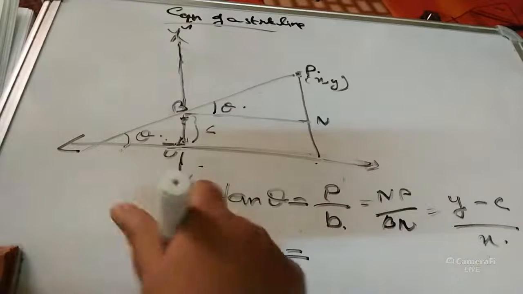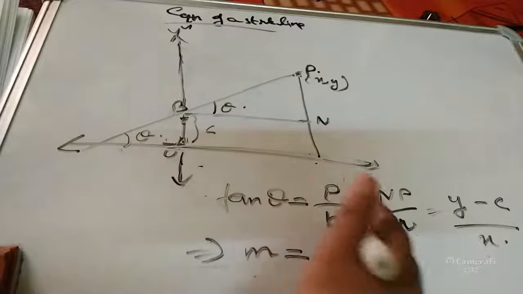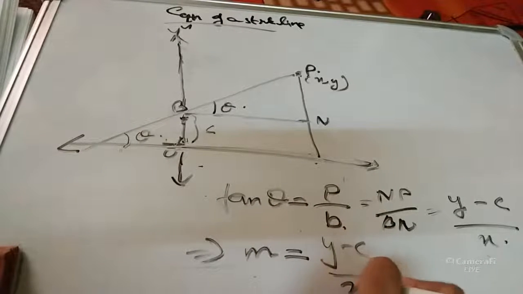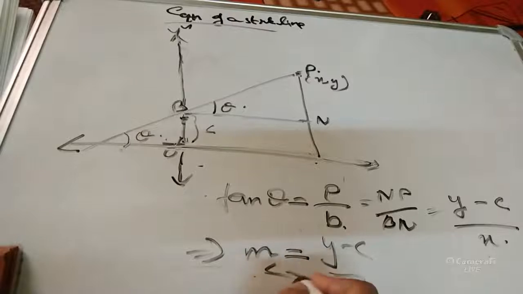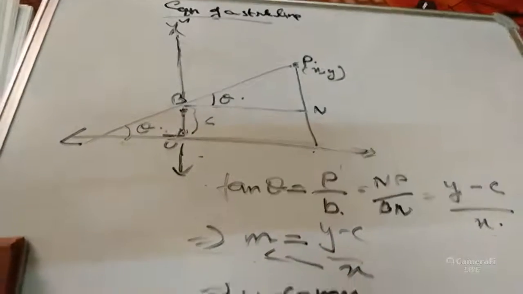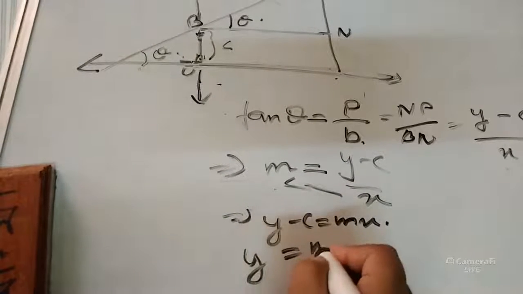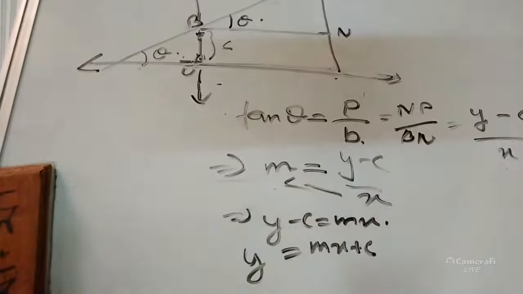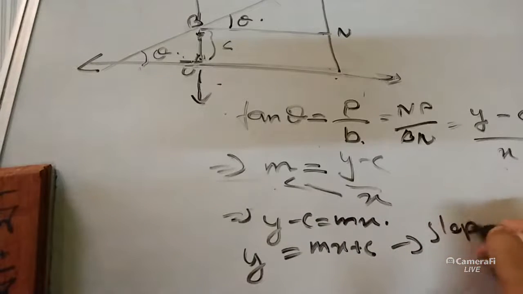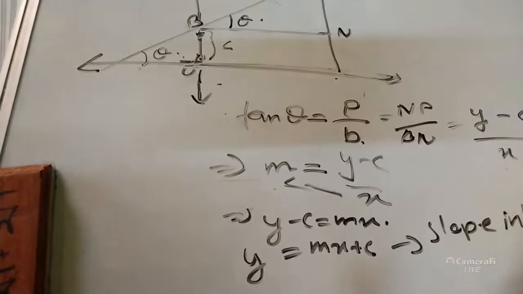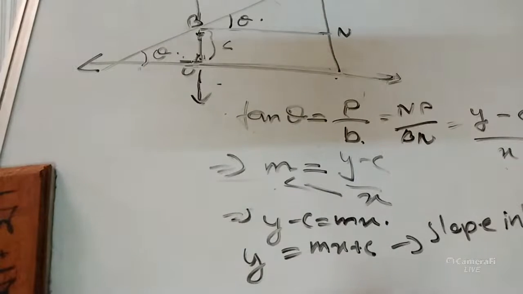M is used to denote the slope. So m is equal to (y minus c) by x. If we cross multiply, we get y minus c is equal to mx, and y comes to be equal to mx plus c. So this is known as the slope intercept form of the equation of a straight line, because it has the y-intercept and it also has slope in it.